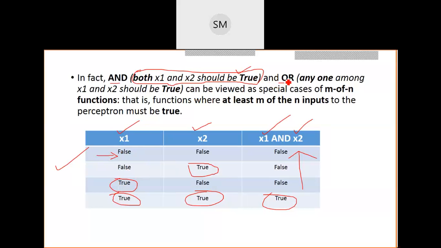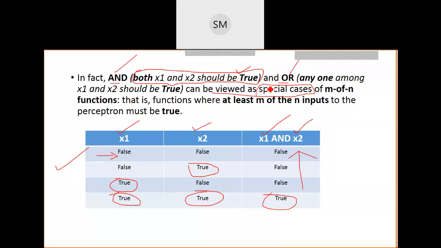And similarly, what is the nature of the OR function? Here in the OR function, any one among these two inputs can be true. Okay, so if any one of these inputs is true, then the output, or the result of the OR function, will be true. This is the nature of the OR function. So because of that only, AND and OR functions can be viewed as special cases.